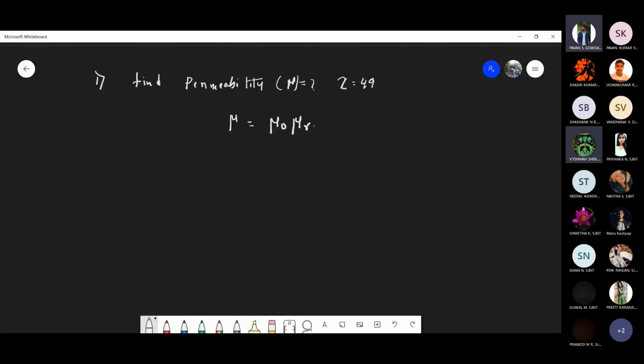Yes, sir. Okay. So psi, the susceptibility, is given. What is the relation between permeability and susceptibility? Mu r is equal to 1 plus psi. This is equal to 50. Therefore, what is mu?